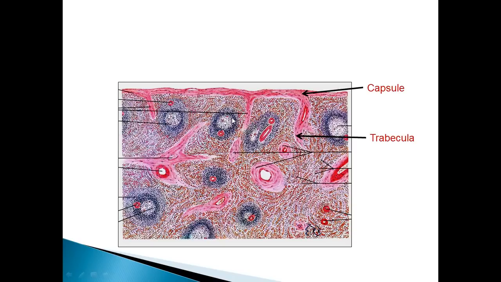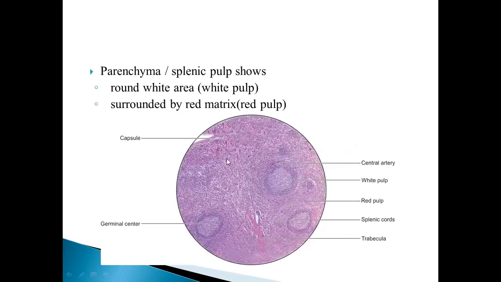There are lighter stained and darker stained areas. In between, you can see red colored zones running, which are the areas of blood vessels, known as the red pulp. So the parenchyma will show a rounded white area known as the white pulp, which is surrounded by a red colored zone known as the red pulp.